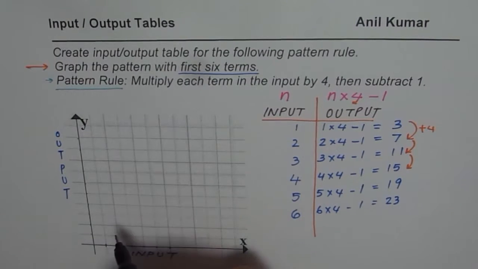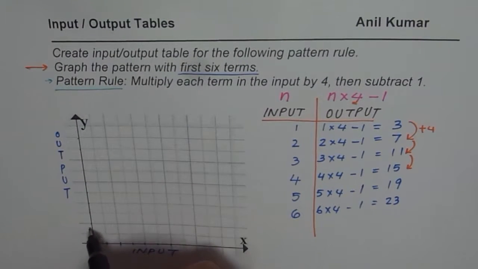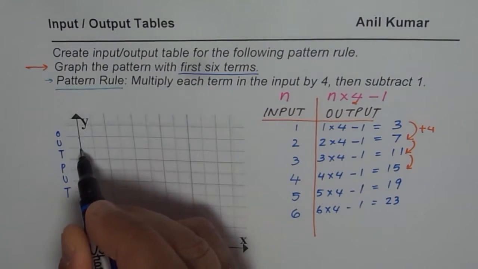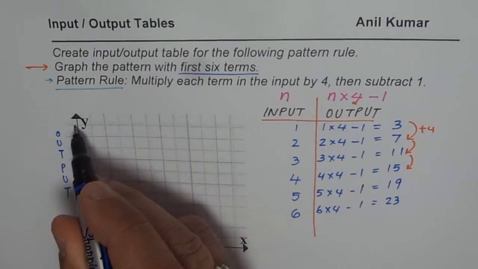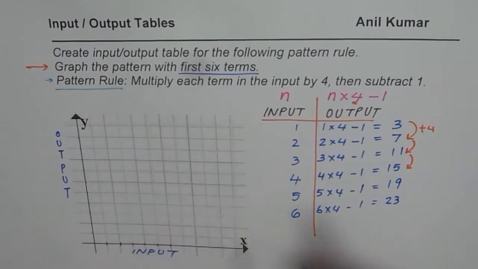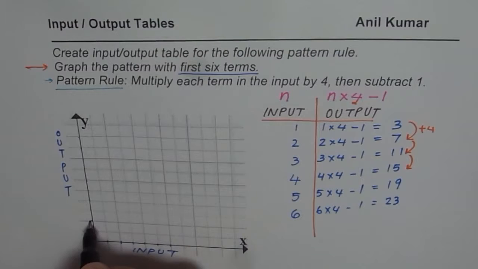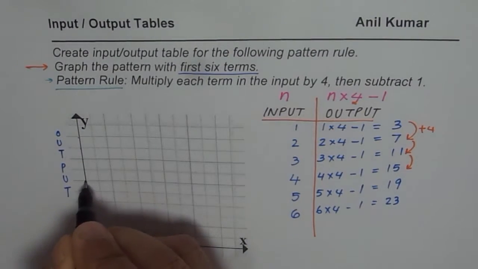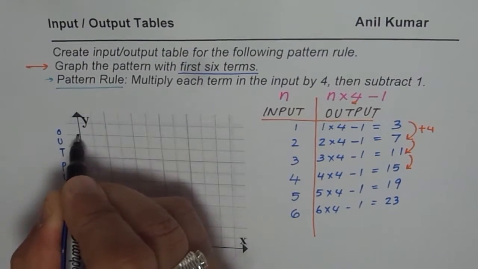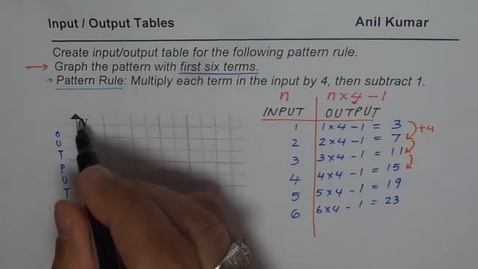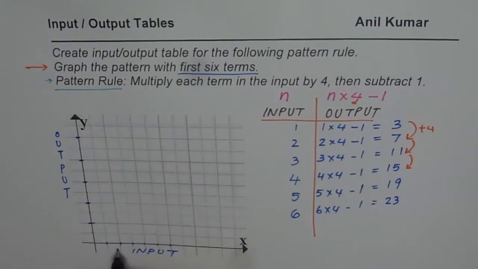So let us say each is 2: 2, 4, 6, 8, 10, 12, 14, 16, 18, 20, 22, and 23 barely fits in. So let's take each as 2. Let us write down the values. We'll write 2, 4, 6, 8, 10.